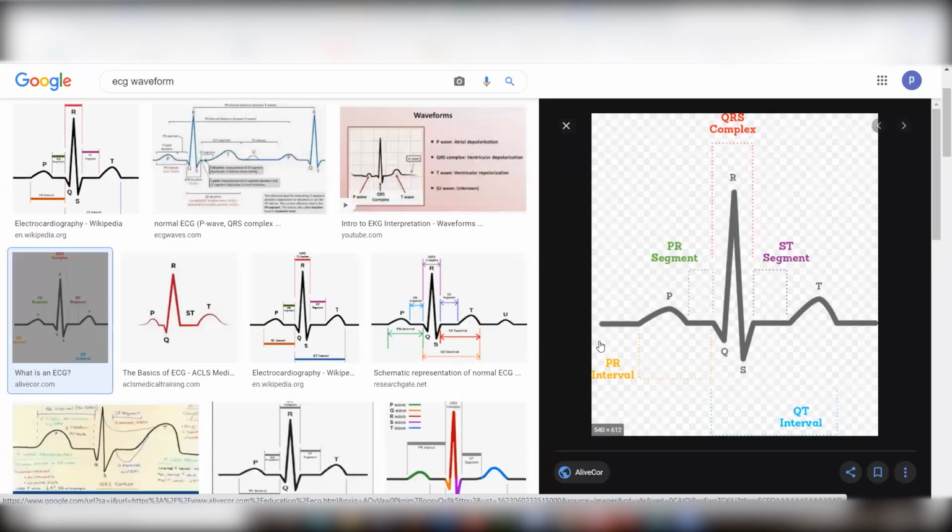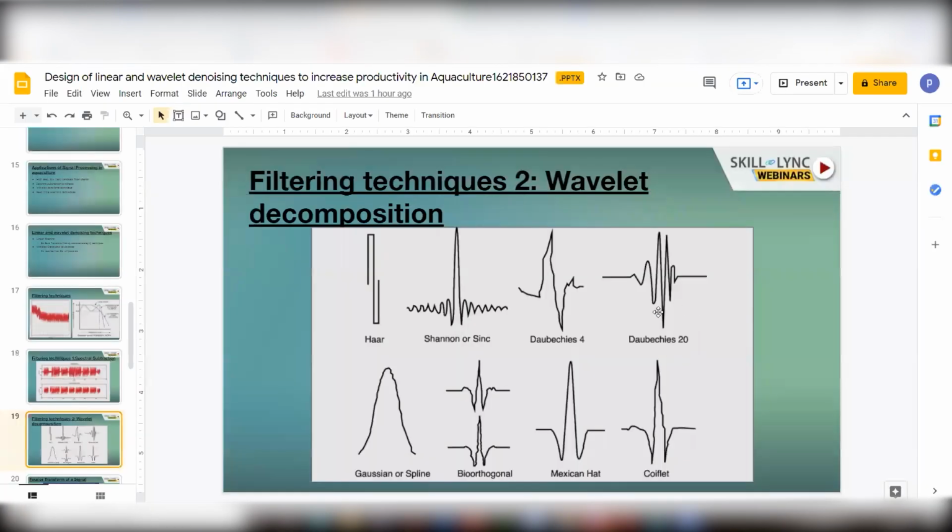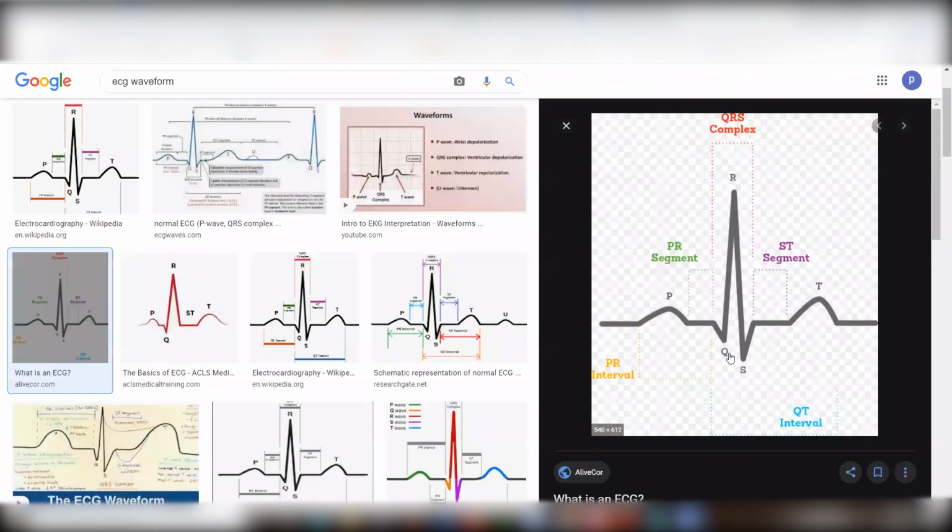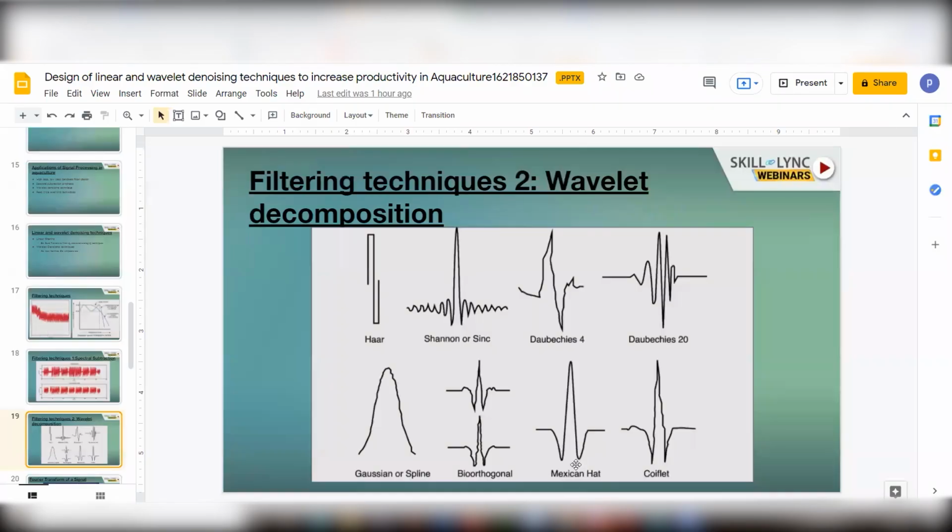If we want to detect this entire ECG signal from some raw data which has a lot of noise, then you'll have to use this wavelet. If you want to detect only this QRS part, excluding P and T, then you will have to use Mexican hat, because the QRS part is highly similar to Mexican hat.